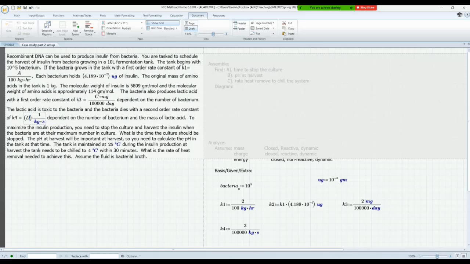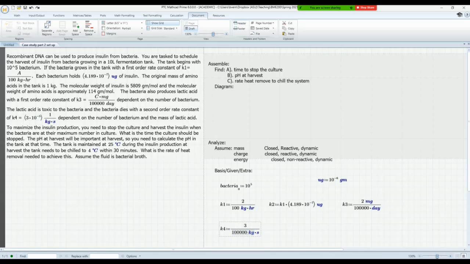D times D milligrams. Let's just leave it the way it was. And let's call this 3 times 10 to the minus 5, which is 3 over 100,000. And then it's kilogram seconds. And then, what else is given here?